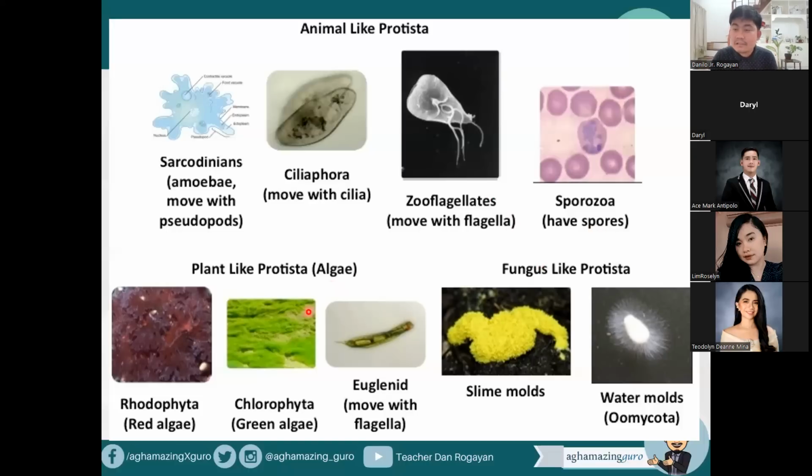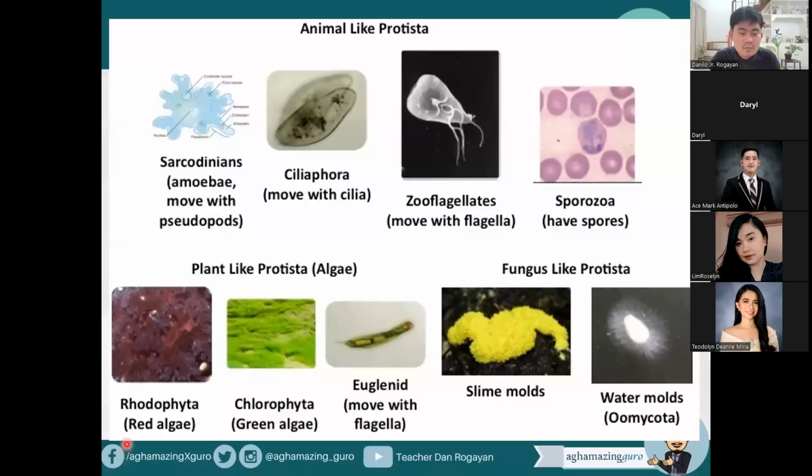For plant-like protists, we call it the algae. And the study of algae, again, is known as, ano na ulit, yung study ng algae. Let's start with letter P. That is, okay, nakalimutan niya na ba? That is phycology. Okay, phycology. All right, mycology for fungi, phycology for algae.